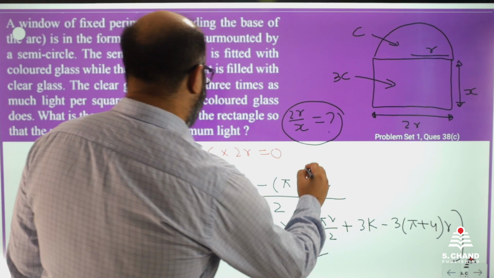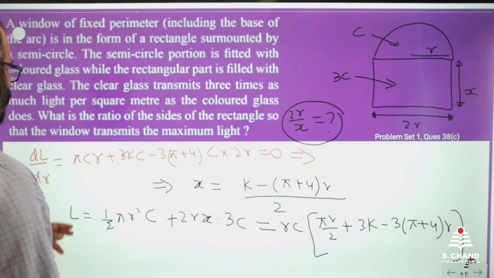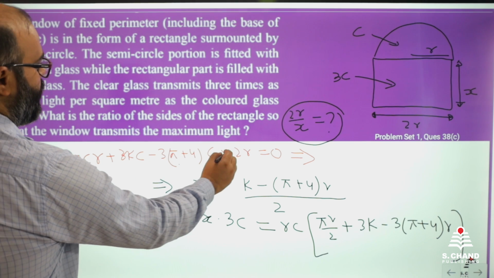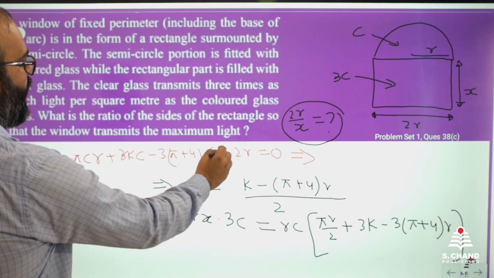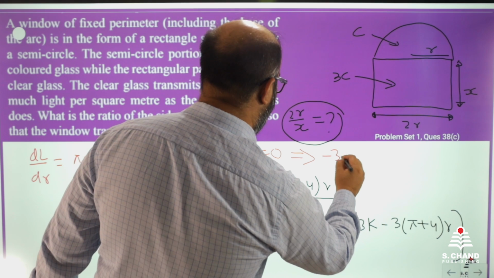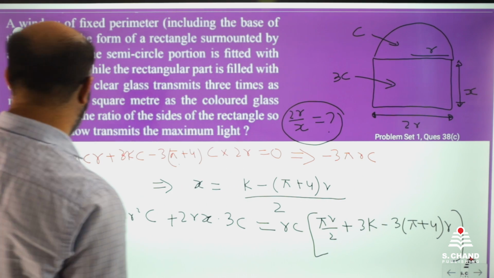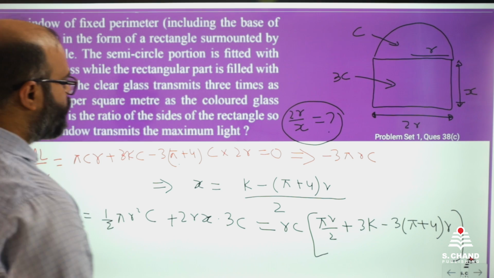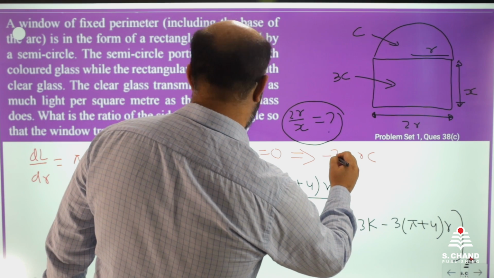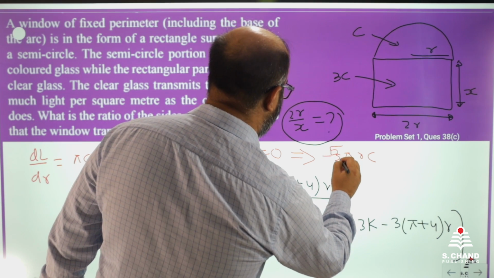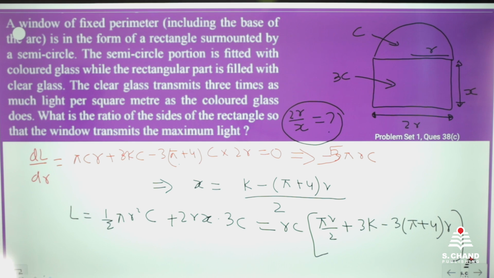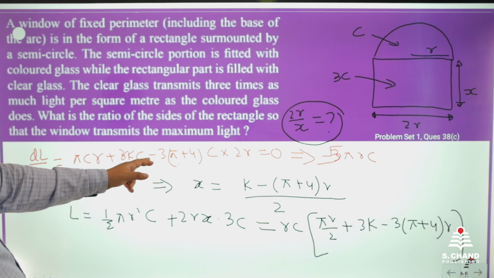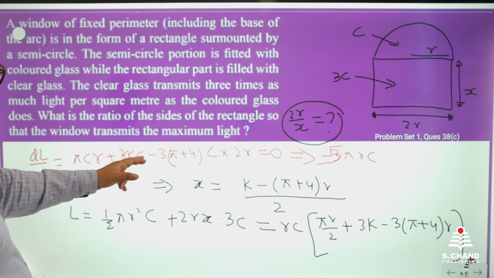So what value of r are you getting? You are getting pi rc from here and minus 6 pi rc from here. Not pi rc, minus 6 pi rc is actually minus 5 pi rc you are getting, and then plus 3 kc minus 12.